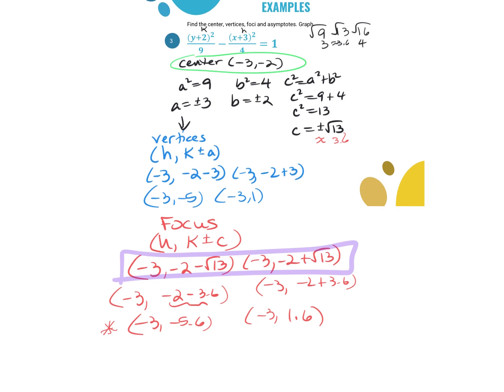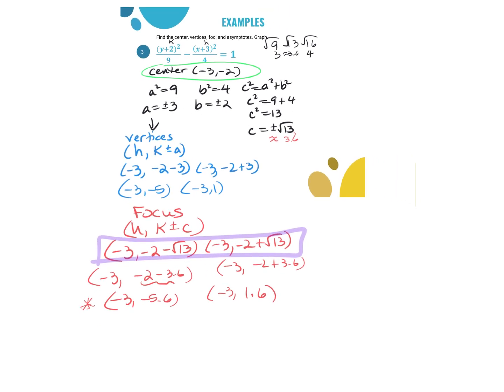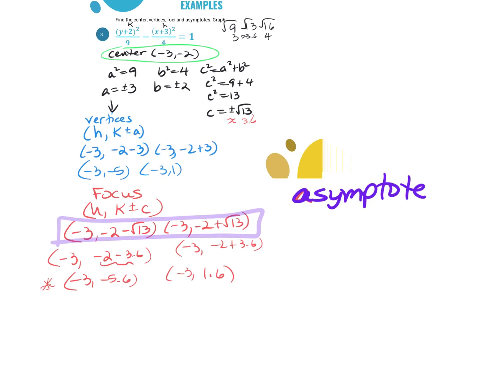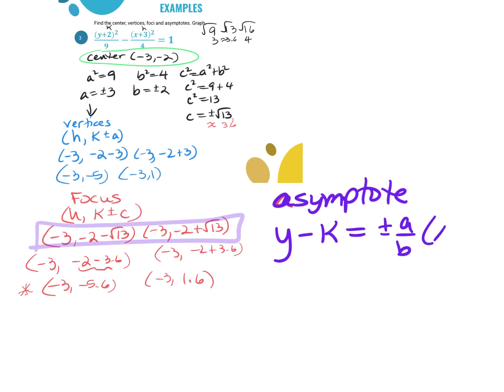So now that we have the center, the vertices, and the focus point, now we can also find our asymptote equation. So for the asymptotes, we're going to be filling in y minus k equals plus or minus a over b because it's vertical, and then x minus h.